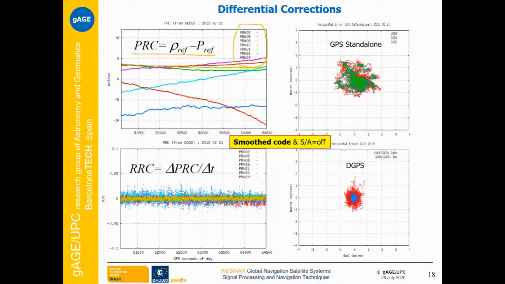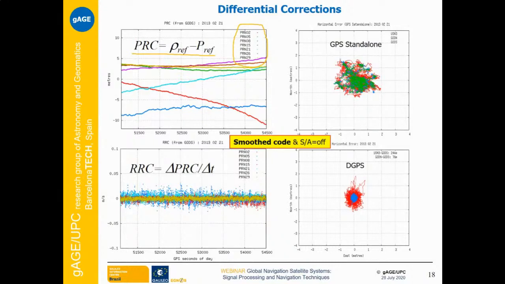We can see that it's a smooth evolution, and this is because we are using smoothed code data. We have applied the Hatch filter, and this data is after May 2000, so it does not have the selective availability activated.